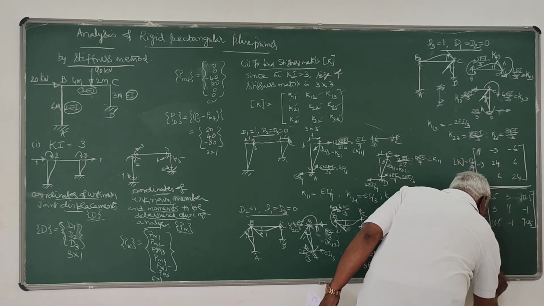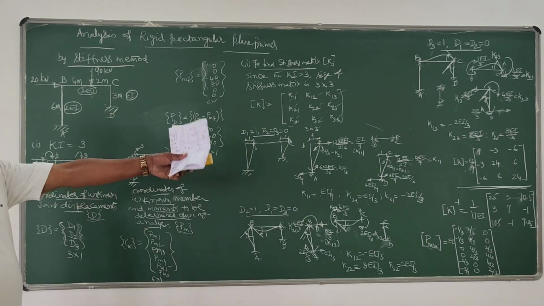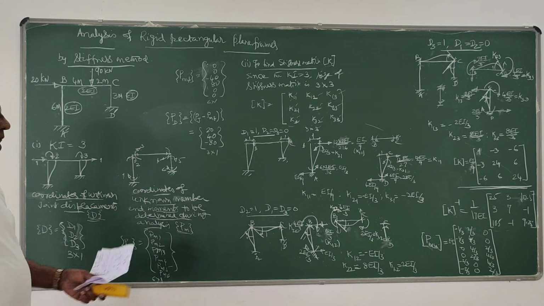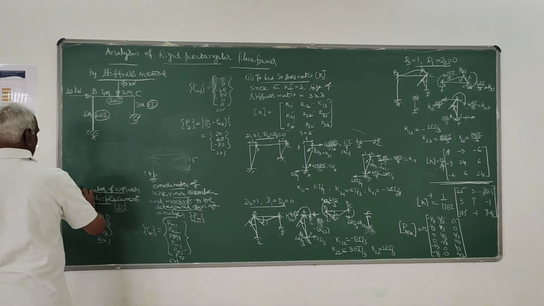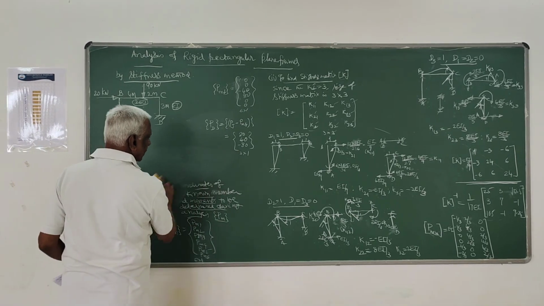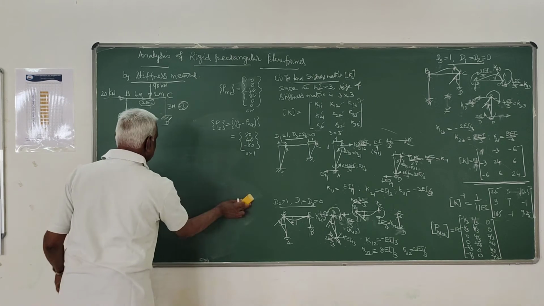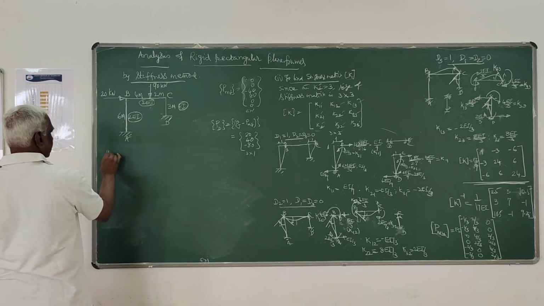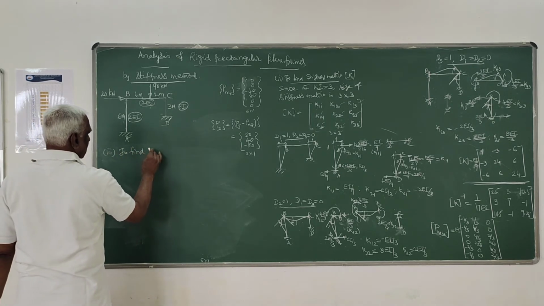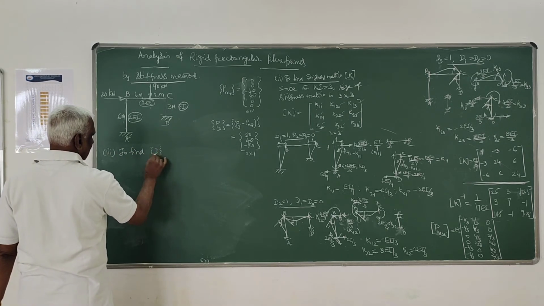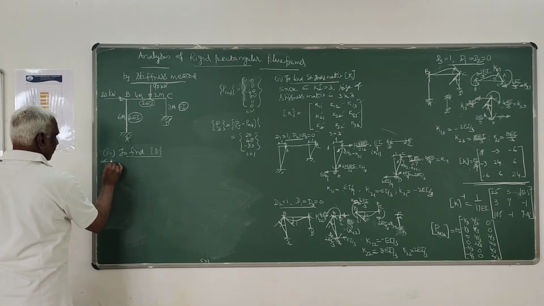So these are PMU. So we have calculated K inverse P. But now the next step, we have to find the unknown displacement. So for that, we have to use this formula.